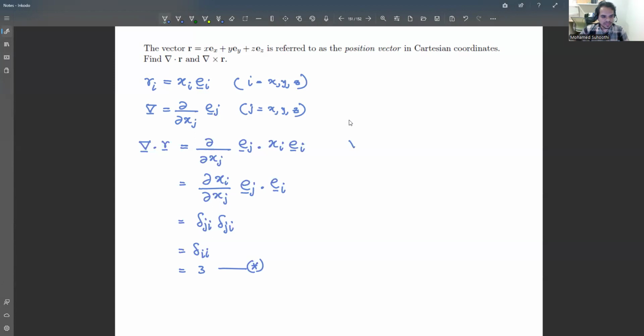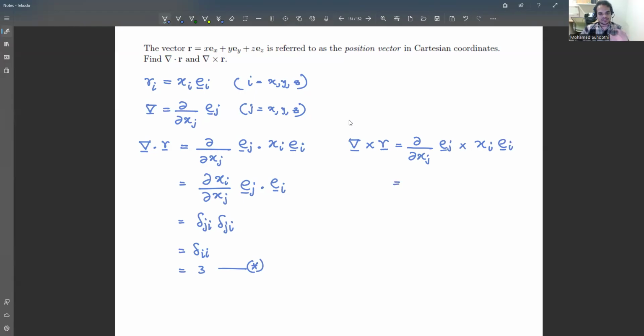So now let me find the curl. Sorry, now it is the cross product. Cross product of the vector R. First, let me write this one: dou by dou xj ej cross product xi ei.